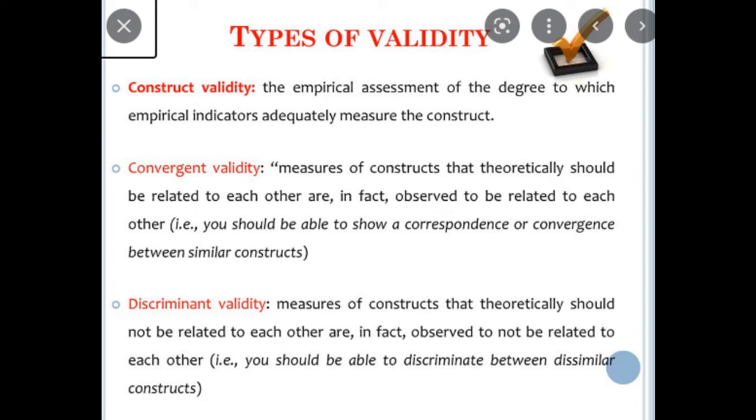Construct validity also has two main types. We have the convergent validity, which measures the extent to which your measure corresponds to measures of related constructs. And we also have the discriminant validity. It is the extent to which your measure is unrelated or negatively related to measures of distinct constructs.